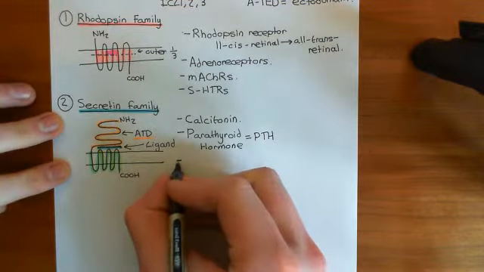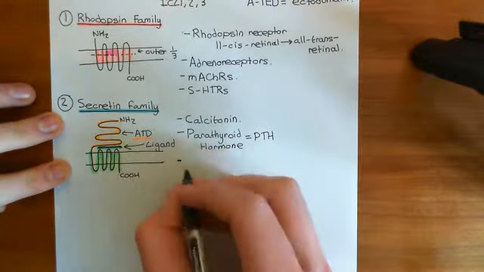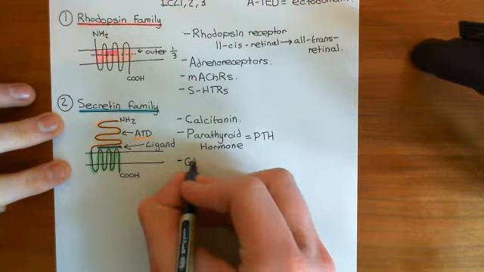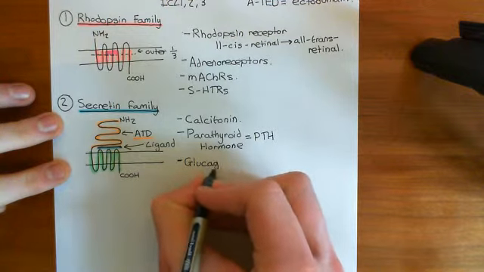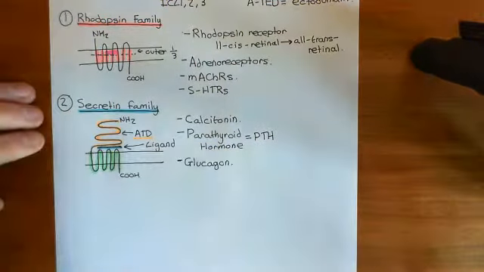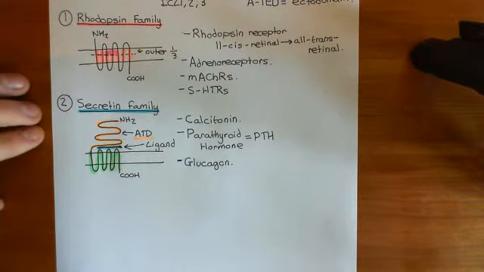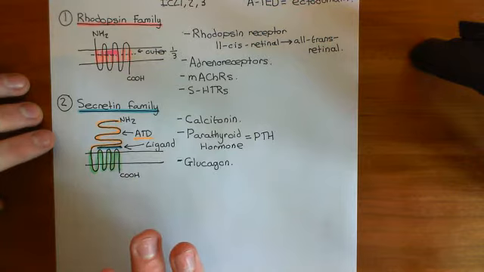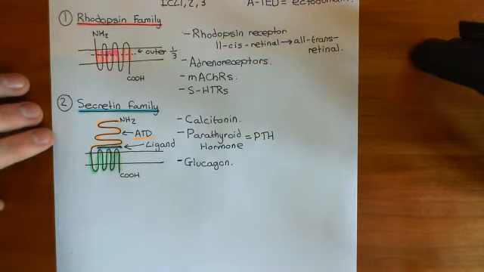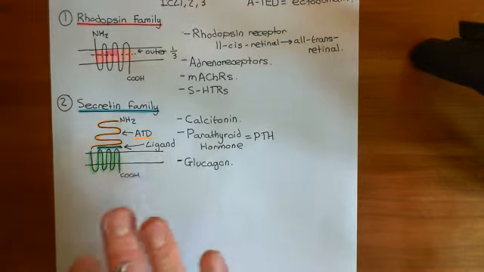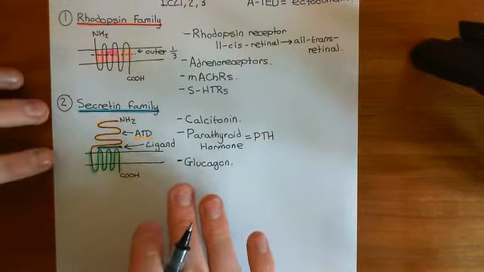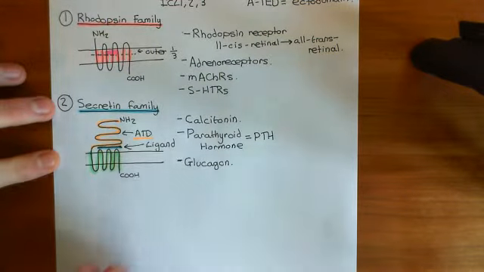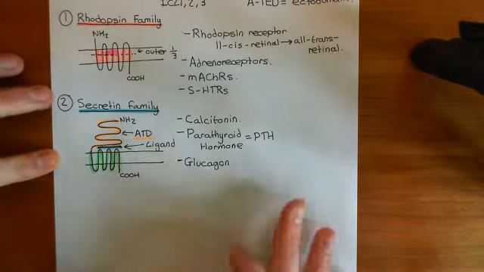Another potentially more famous example are the receptors for glucagon, which are on the liver. Glucagon is very important in control of blood glucose level. Insulin takes blood glucose down, glucagon brings it back up, and the receptors for glucagon are mainly centered on the liver, and they are secretin family G-protein coupled receptors.